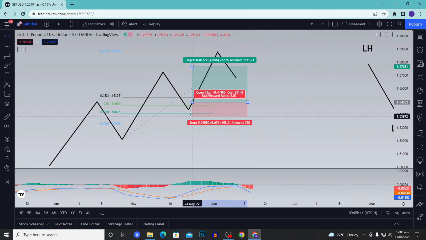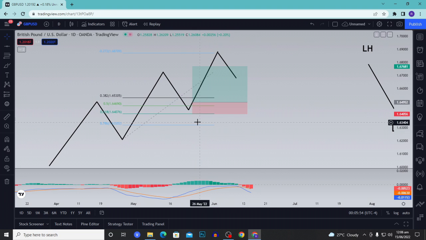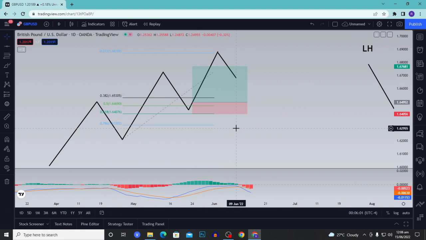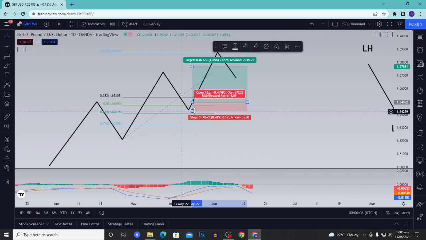We place our stop loss either at the 0.618 like this for a very safe trade, or if the 0.618 is too far, so the stop loss will be too big, we place the stop loss right below the previous low or the end of the retracement, just like this.